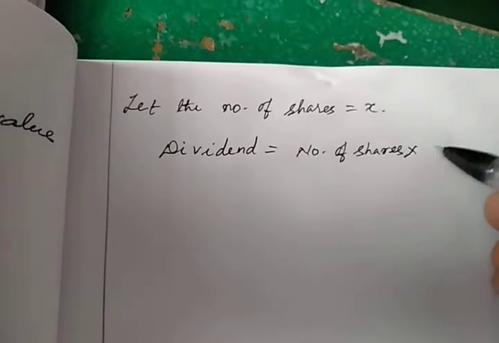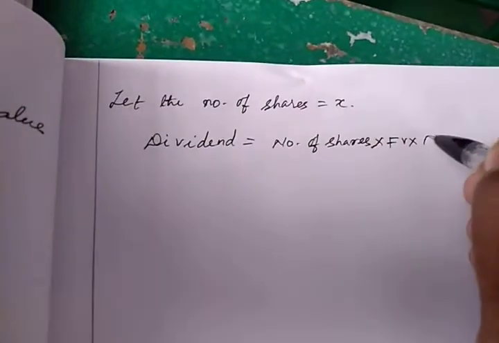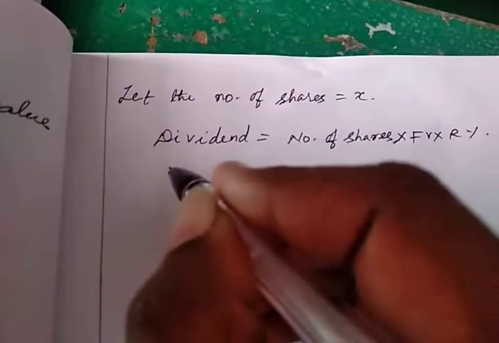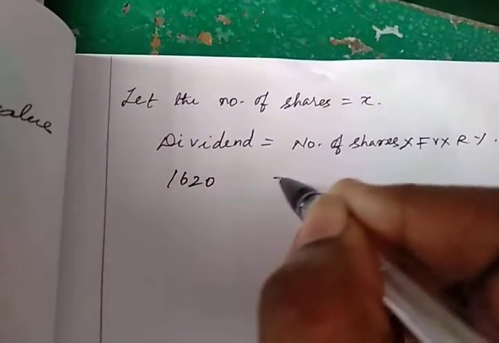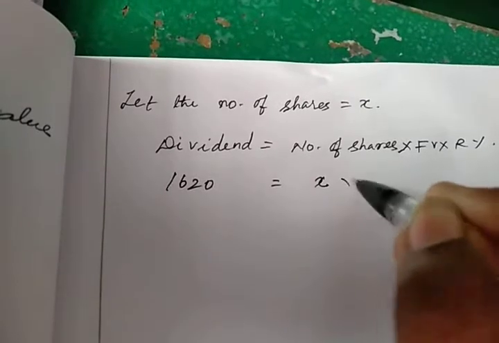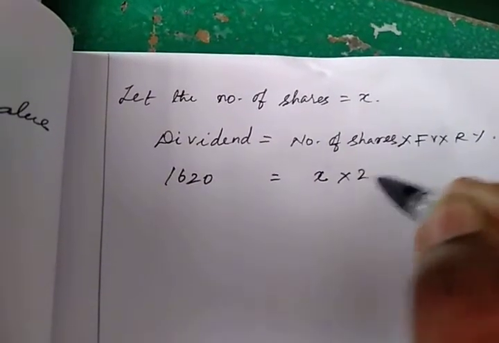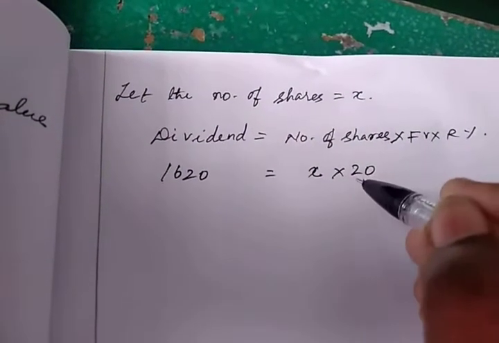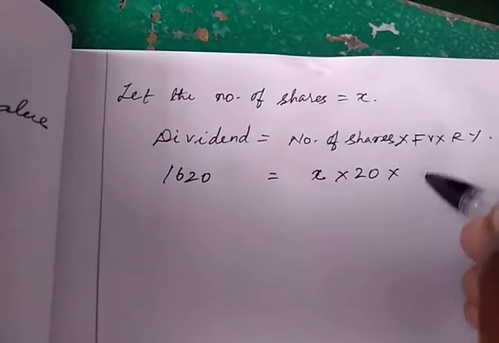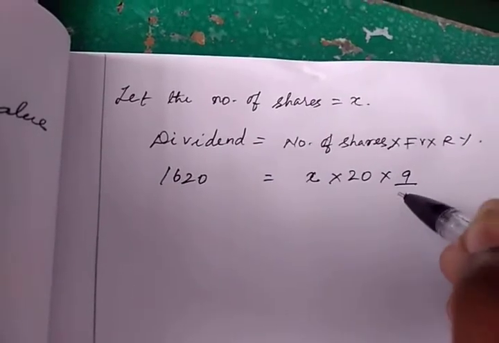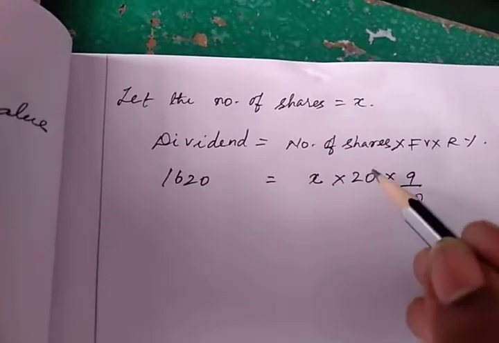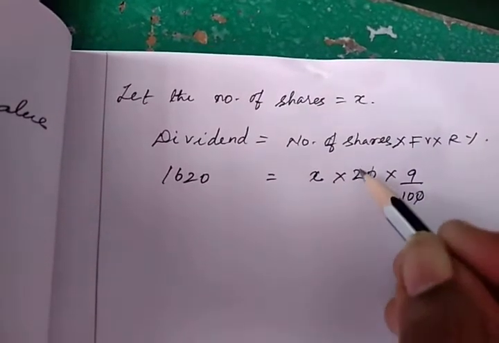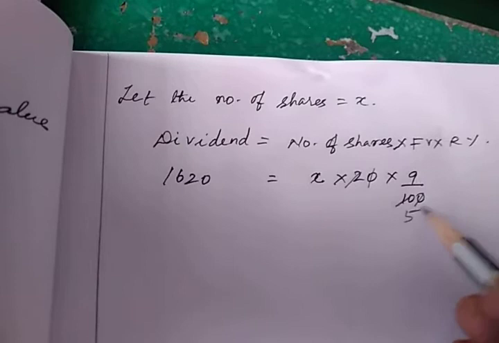Dividend, the profit we have received, is 1620 rupees. Number of shares we have kept as X. Face value of each share, the original value, is 20 and the rate percentage is 9%. We will write it as 9/100. We can cancel the zeros here itself. 1 2 is 2, 5 2s are 10.